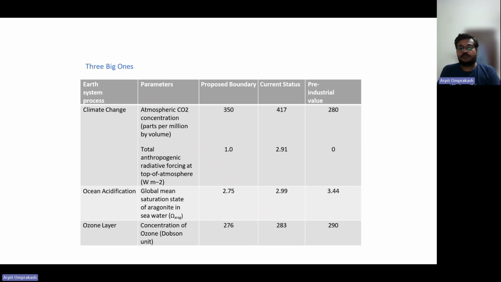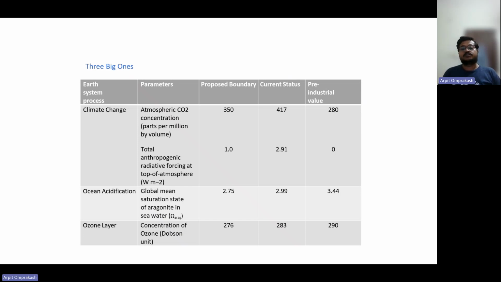Then you have the ozone layer, where the concentration of ozone is measured as a parameter. The proposed boundary is 276, the current status is 283, and the pre-industrial value is 290. So this is one of the cases where we have actively tried to prevent the ozone layer destruction from happening in our lifetimes, and therefore you see that the pre-industrial value was higher, and then once we realized that this is happening, we tried to stop it.